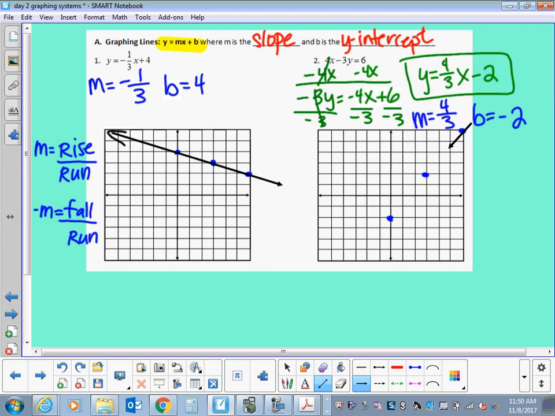I'm going to connect my dots. So this part is a review of Algebra 1.